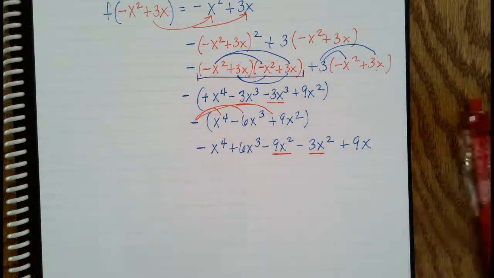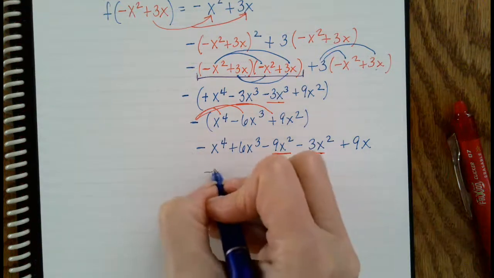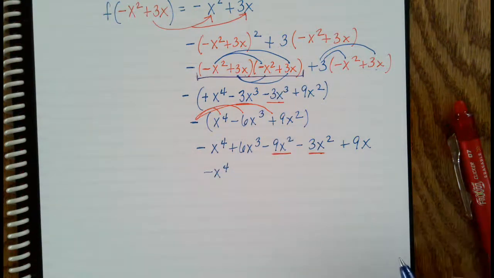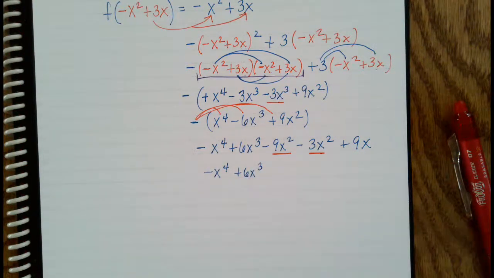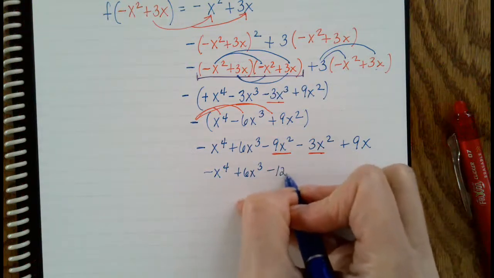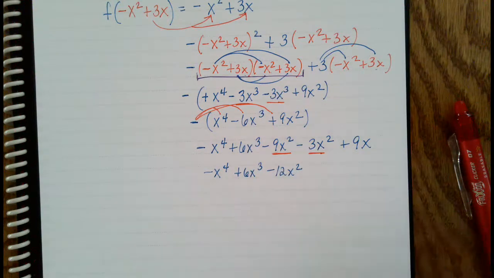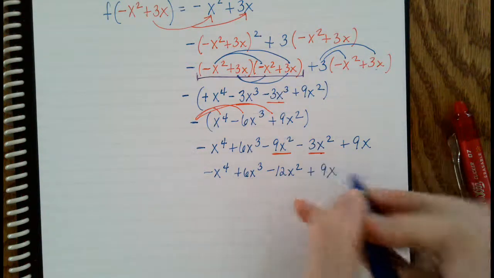And the nice part is that we actually ended up in standard form, meaning that the highest degree term is first, the next highest degree term is second. When we combine like terms, we get negative 12x squared. Remember, we add the coefficients and keep the variables as they are. And then plus 9x.